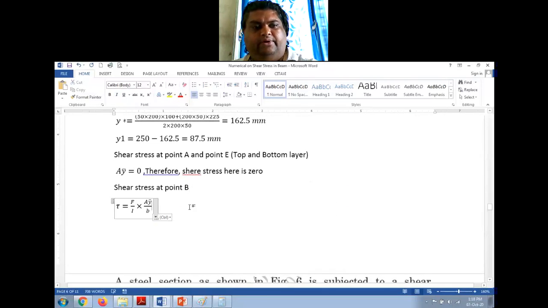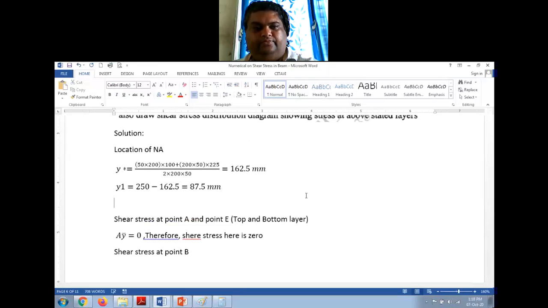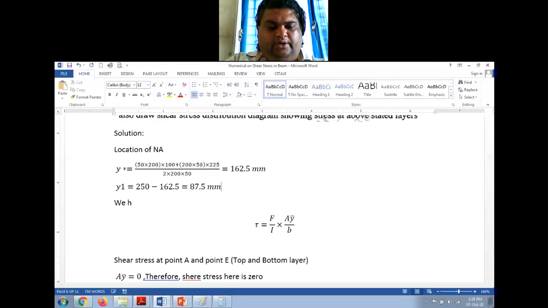So we have tau is equal to F by I into A y bar by B, right?